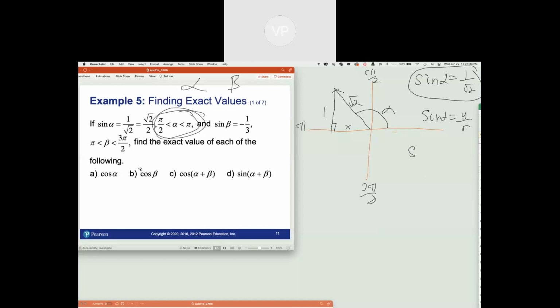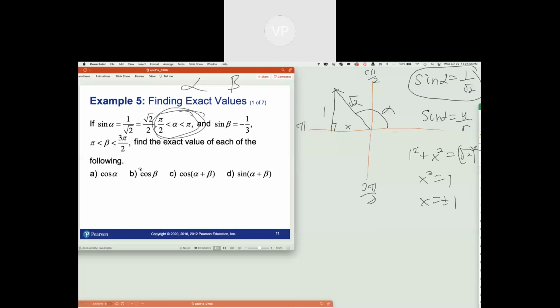Sorry, the Pythagorean Theorem is what I meant to do first. So 1 squared plus x squared equals root 2 squared. That's x squared equals 1, because root 2 squared is 2, minus the 1, we get a 1. So x equals plus or minus 1.